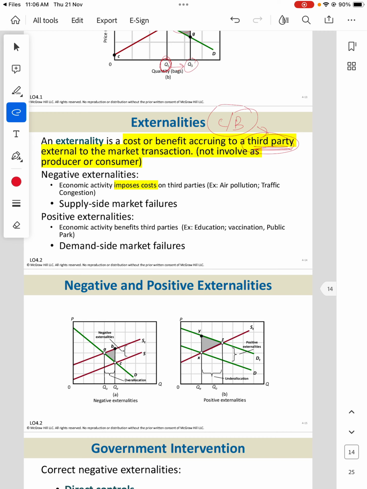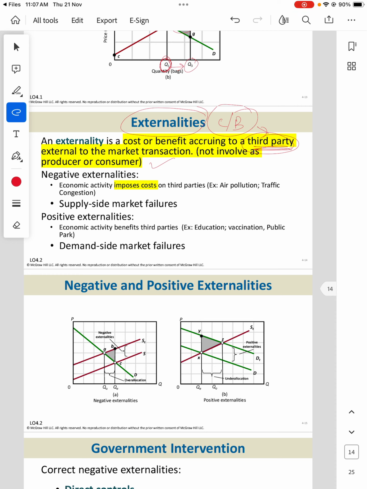They are not involved as a producer or as a consumer. They are the community, the society, the people outside the process of consumers and producers.